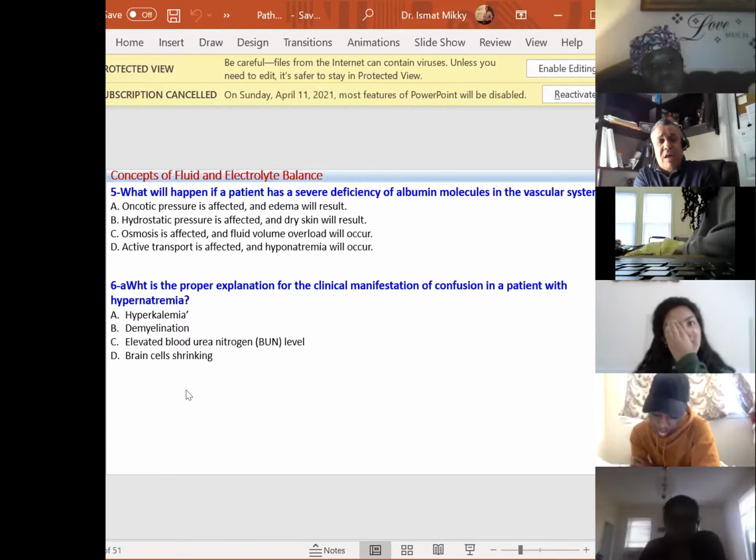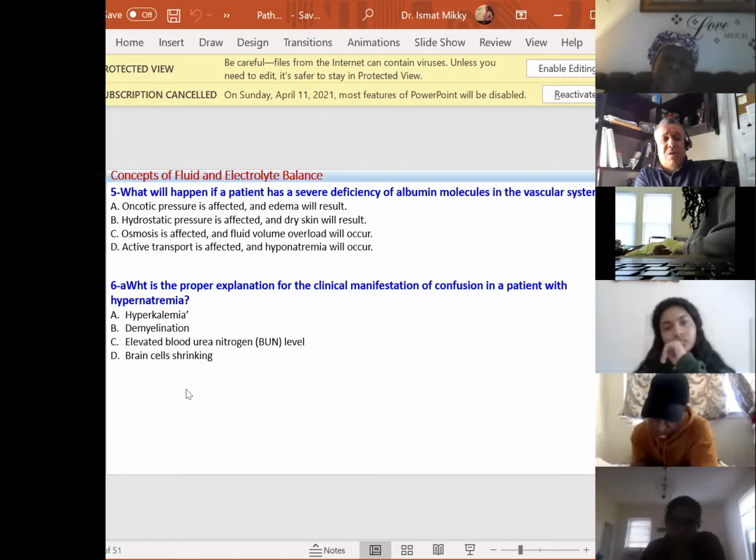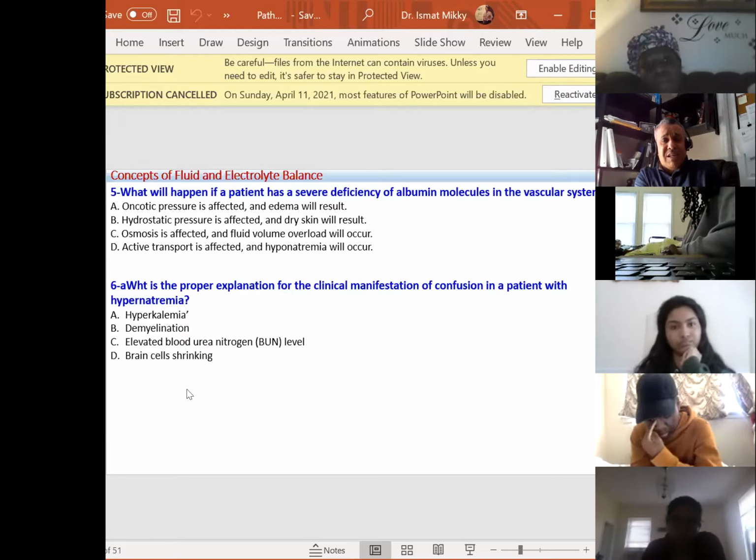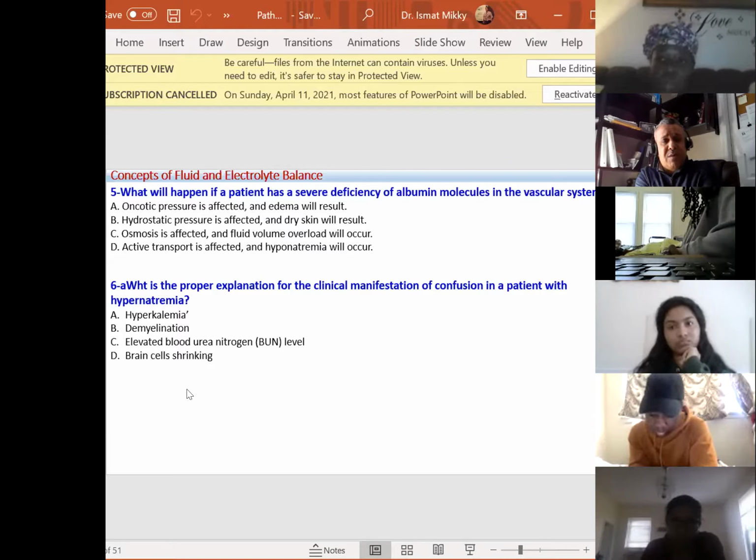We don't have enough albumin, so we have decreased oncotic colloidal pressure in the vascular system. The fluid is not going to be retained in the vascular system, so it will exit the vascular system to the interstitial space, right?